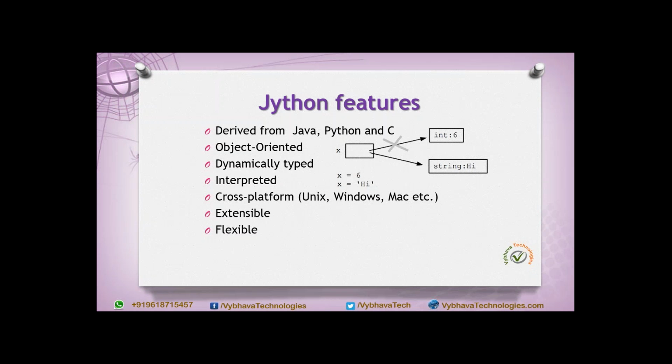Okay, so here is one example for dynamic typing. If I take x is equal to 6, it is an integer type. After that, in the next line if I write x is equal to hi, then it becomes a string type. I'm not mentioning int type or string type. It is automatically changing. The x is changing dynamically. Initially it is integer type, now it is string type.